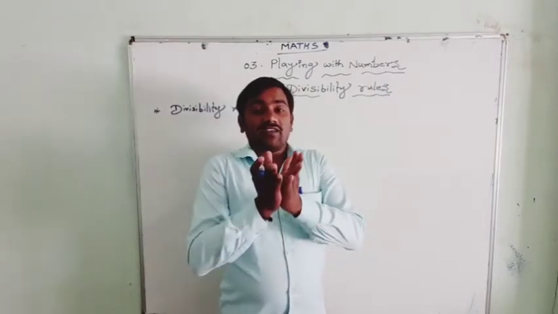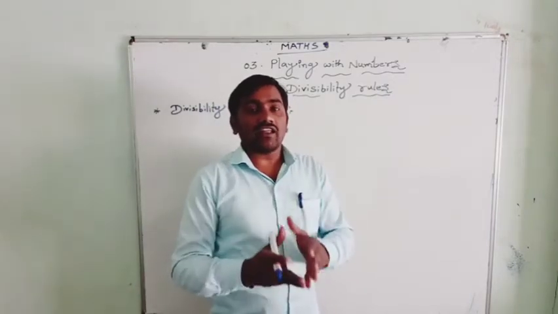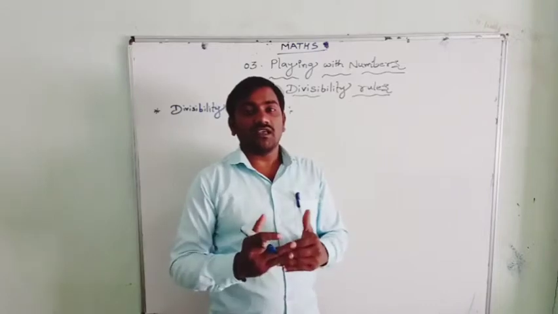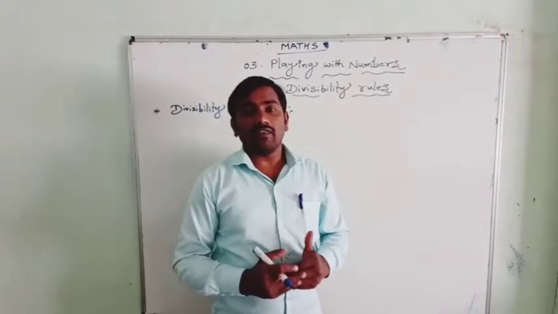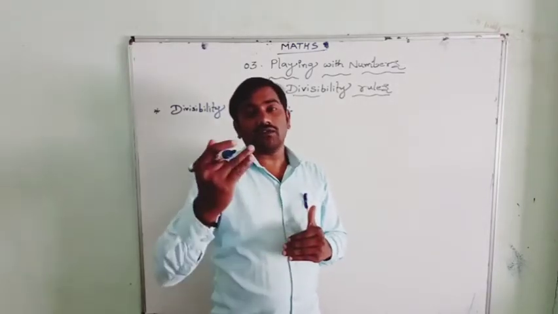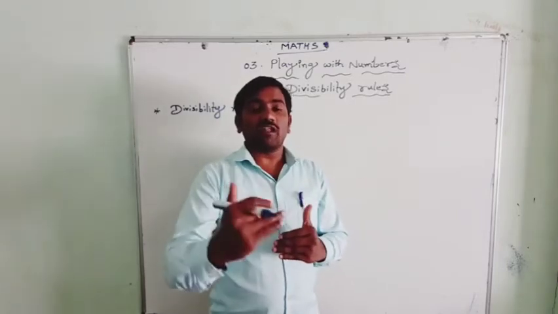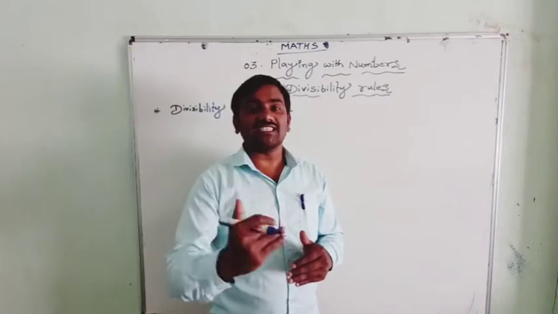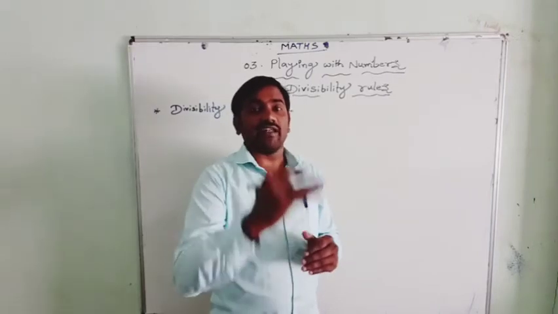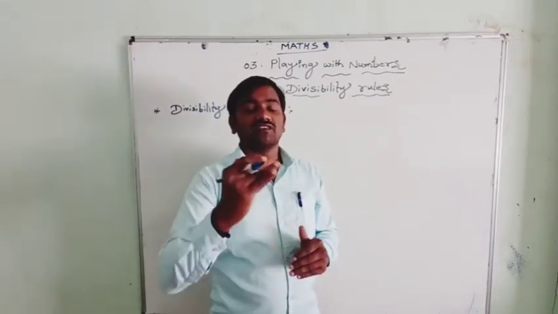If the last digit, or the digit in the unit place, is an even number, then the number is divisible by 2. In a given number, if the unit place digit is even, then the number is divisible by 2.